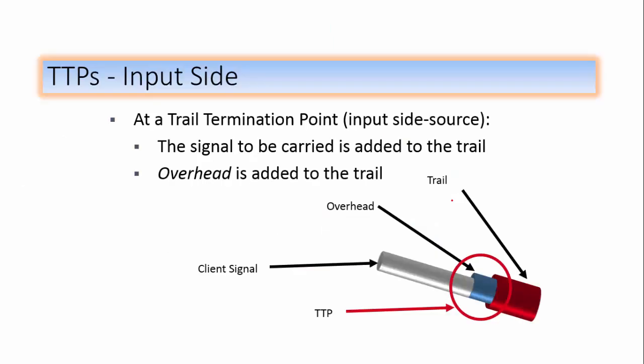Let's understand what happens during a data communication: what happens at source, that is at the input side, and what happens at the output side. Normally, if this is my pipe, I'll feed my client signals into the pipe, and I'll add overhead data with the client into the trail.